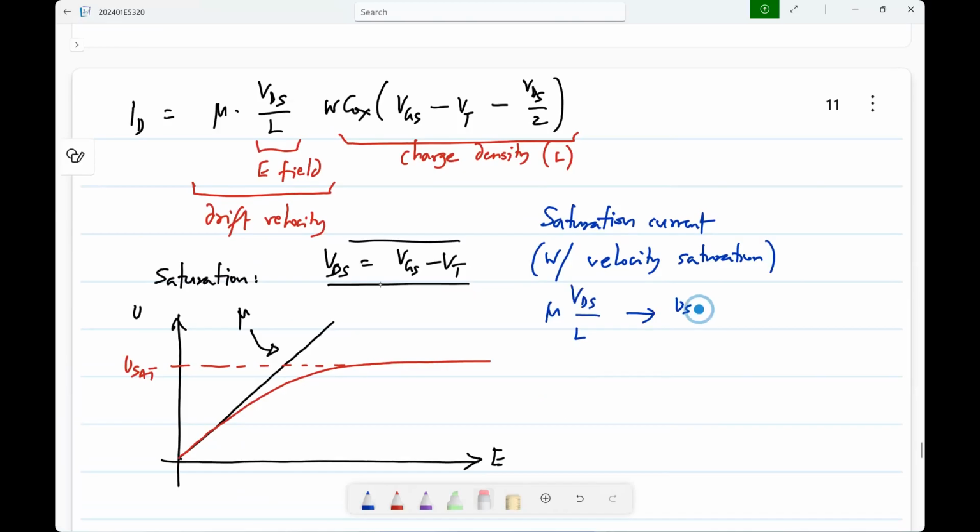I think I used uppercase here. It is VSAT. Okay. What else? Yeah, but what should that VDS be in the saturation region? Yeah, what is that VDSAT?